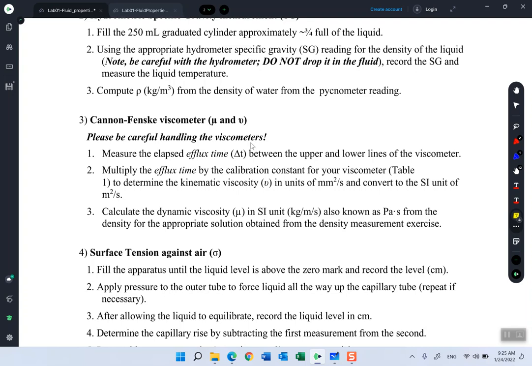What is the difference between the primary and the secondary? The primary is something that you can measure. You can't calculate the primary dimensions. You have to go to the lab, make your experiment, and get the measurement. Whereas the secondary dimensions, if you have certain values, you can easily calculate these dimensions.